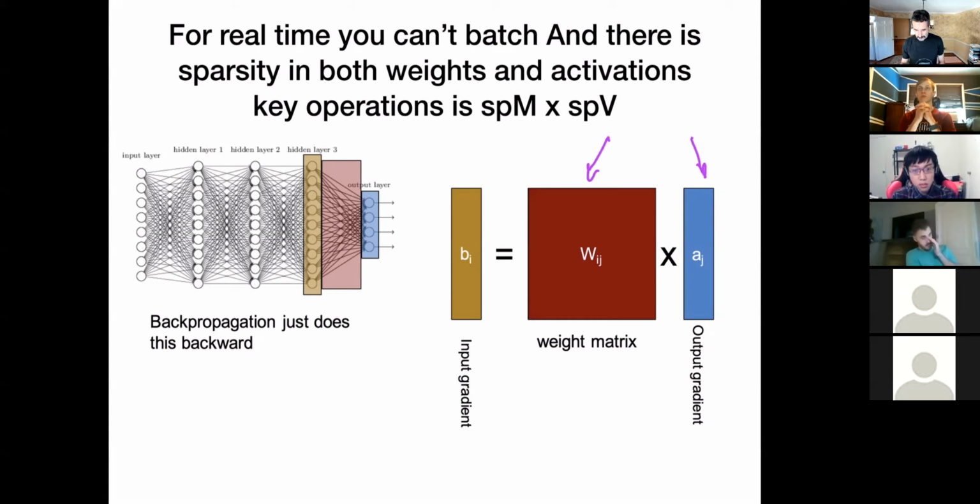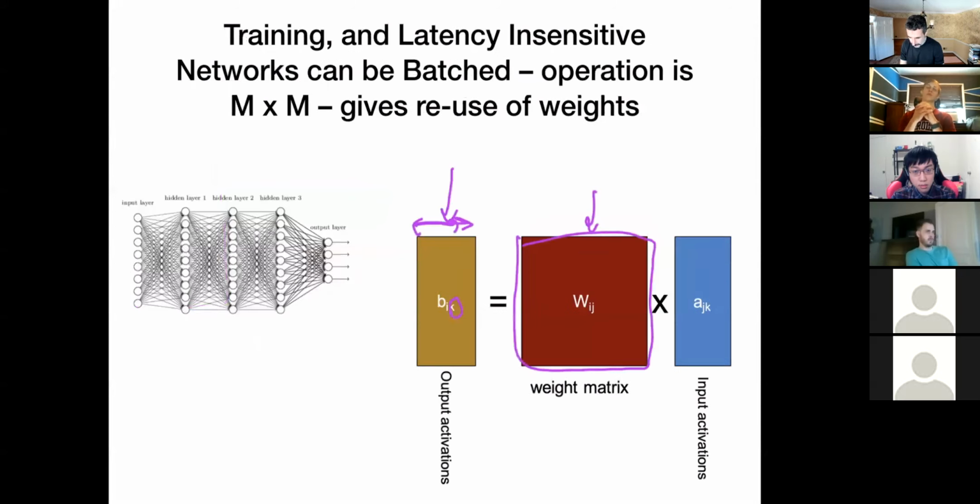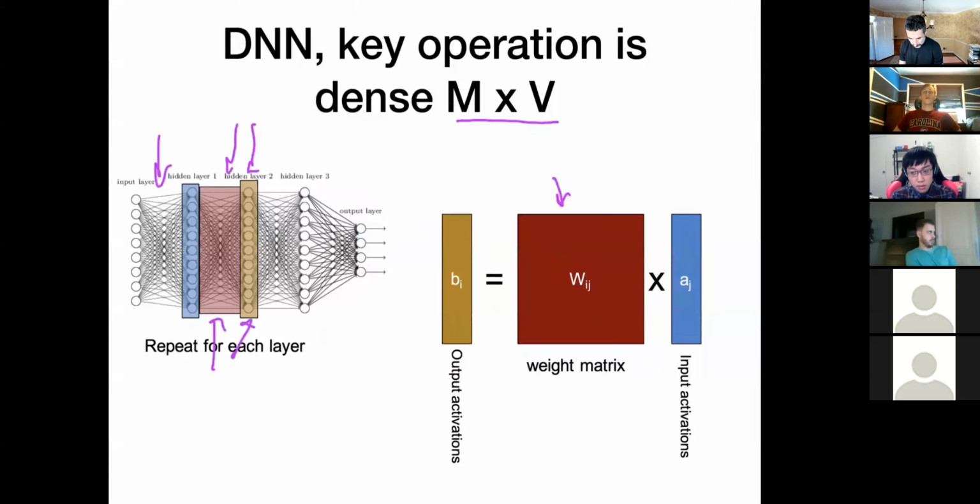This is for the backward pass, but think about these two layers. If you remember, once we do this multiplication to generate the output, to generate this activation, we discussed nonlinearity. For example, you need to apply ReLU, right?